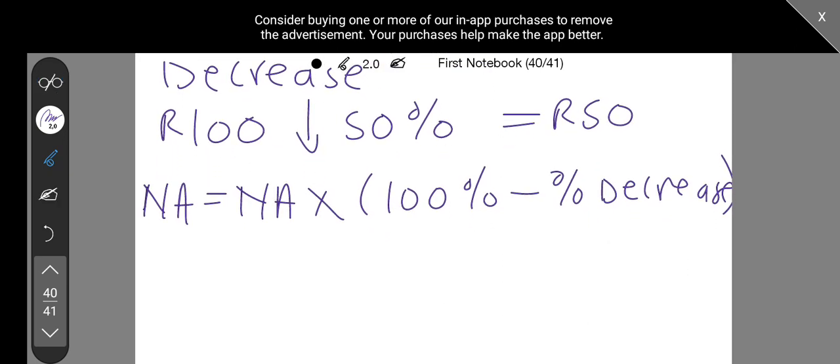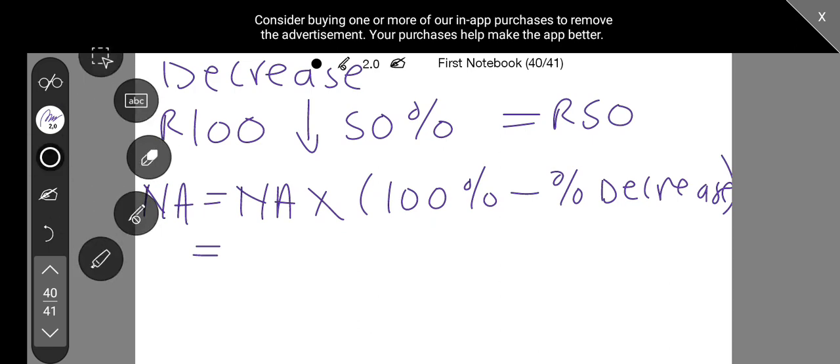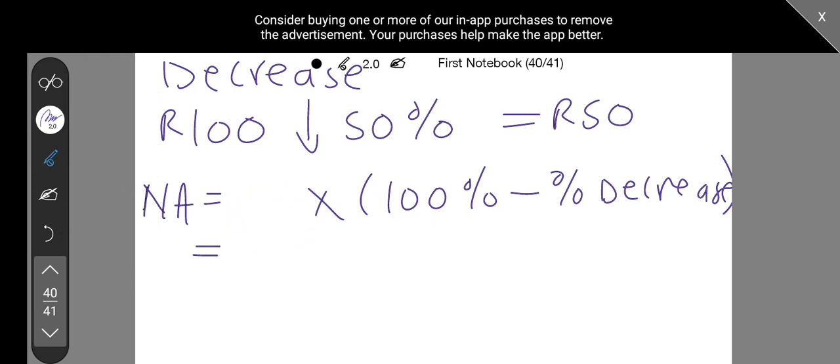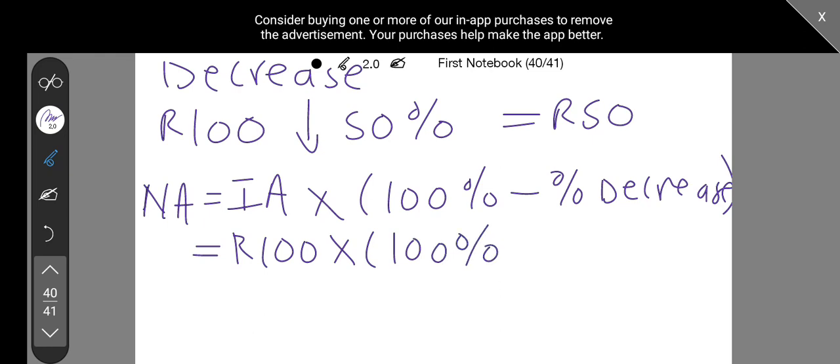What is the new amount? That's what we're looking for. Here we must have initial amount. Excuse me for that. So we're going to have 100 rands as our initial amount multiplied by 100% minus the percentage decrease, which is 50%.